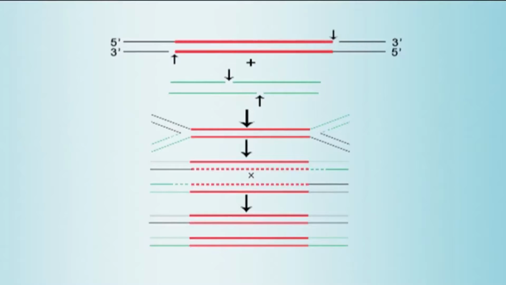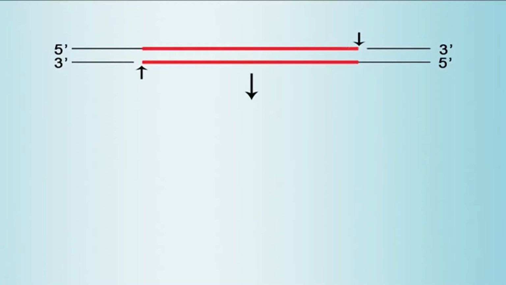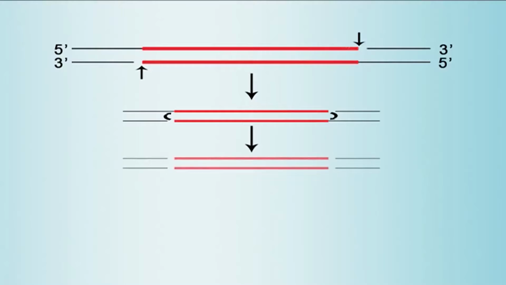This results in production of a single replicon, in which the donor replicon is flanked by 2 copies of the transposon and fused to the target replicon. A replication event resolves this to the finished product.